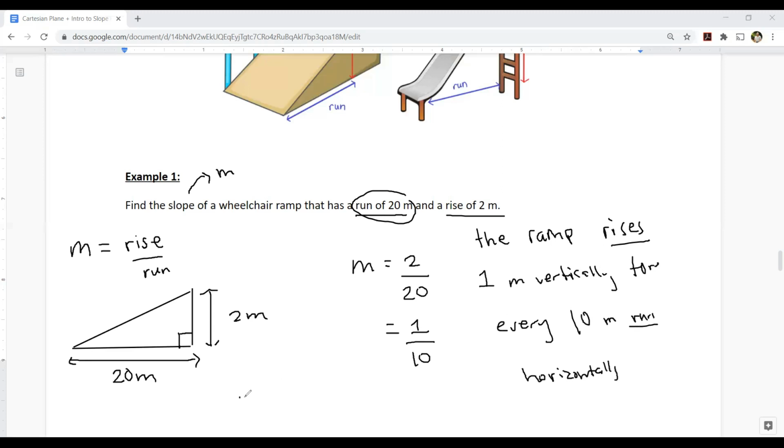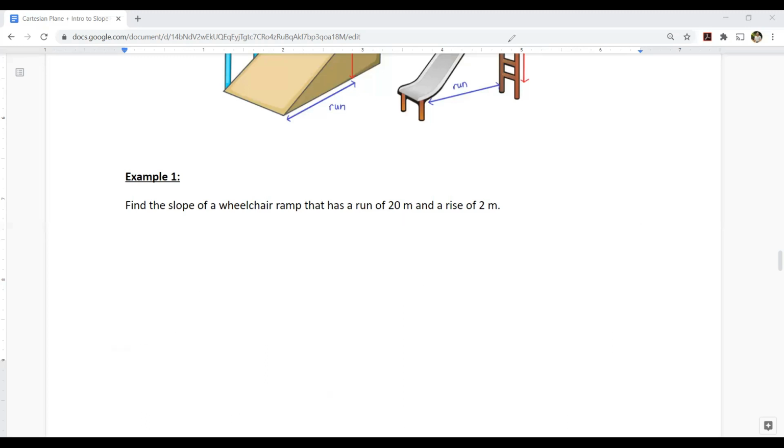And therefore, the slope of the ramp, which is what they're looking for in the question, is equal to 1 over 10. Okay, let's try example number 2.